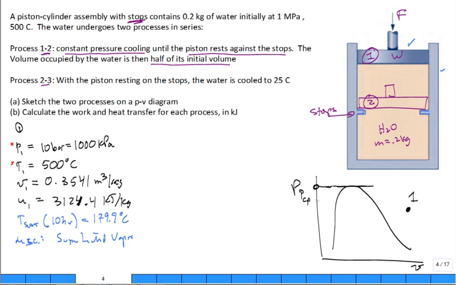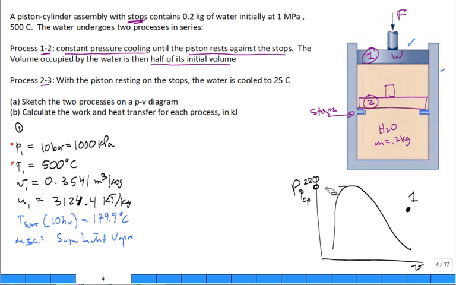Did I say 22 bar or 220? It's 220 bar. So here's 220. We know that this pressure is 10 bar, so it's well below the critical point. So it's somewhere like that.